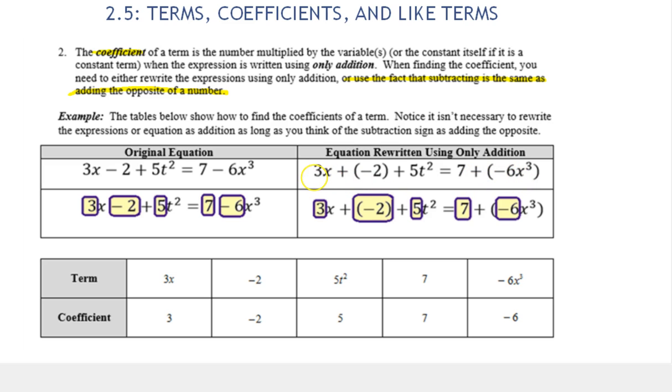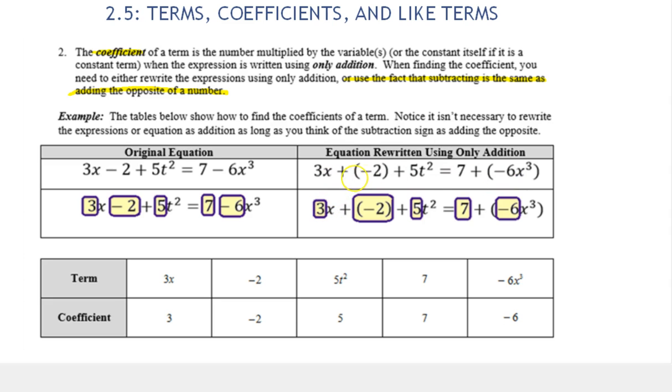When it's written using only addition, you can just look, the coefficient is just the number multiplied in that term. So here we have 3, -2, that's a constant term, 5, here we have 7, and here we have -6. Okay? So those are the coefficients of these terms.